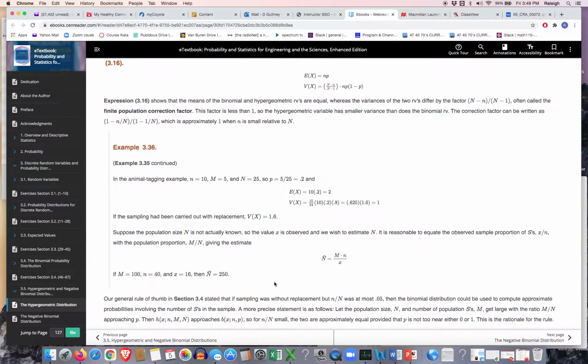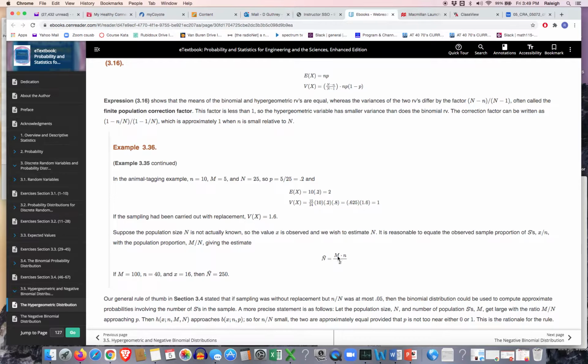Once in a while, I'm not sure if we'll see this, but sometimes N isn't actually known, but we have all the other things in place. We observe the value X out of the little sample size n, and we also know what capital M would be, so that's the total of interest, but we don't happen to know what the total population would be. So they put a kind of a hat on it. It's called N hat, which means we're estimating it. So we get 250 after plugging all the numbers in.